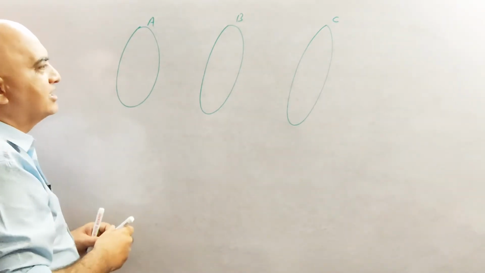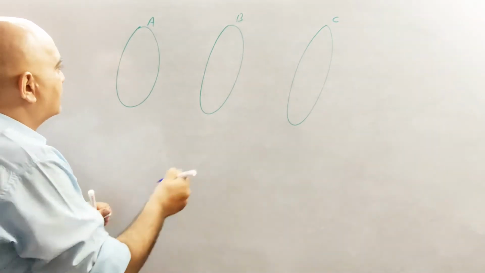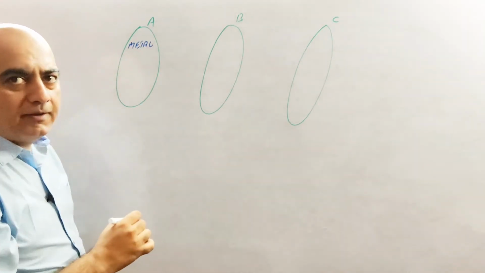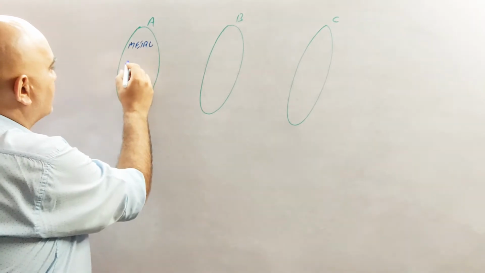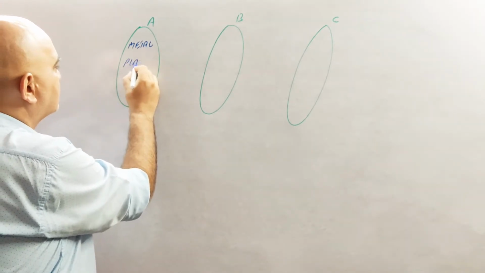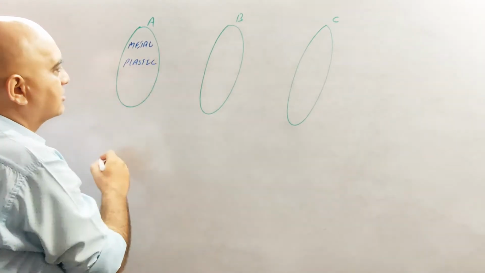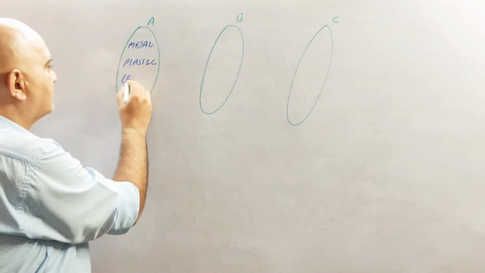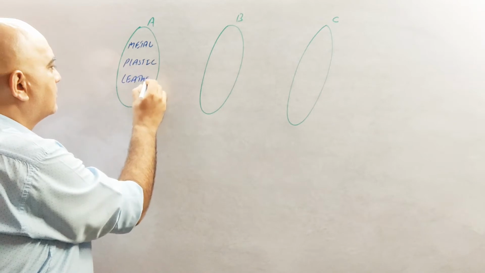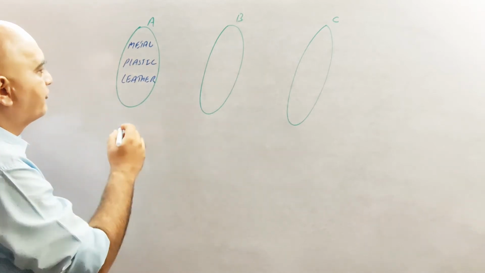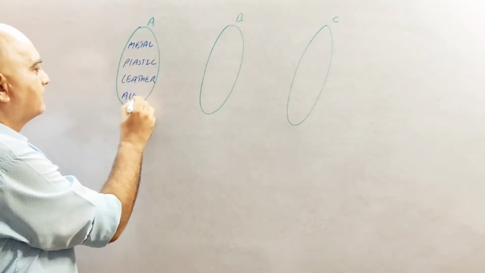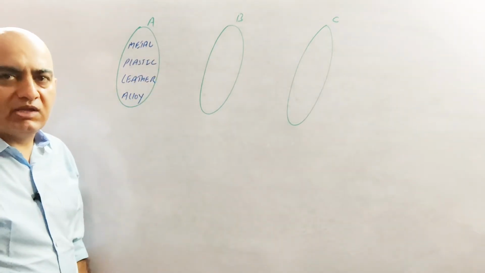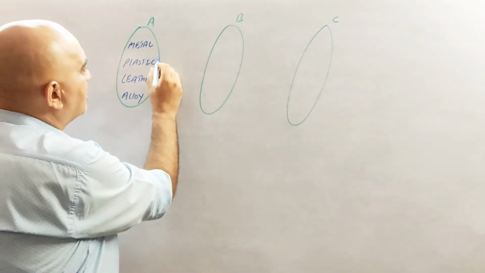Suppose A is a set which contains four things: metal, plastic, leather, and alloy. These are our input variables for some machine.